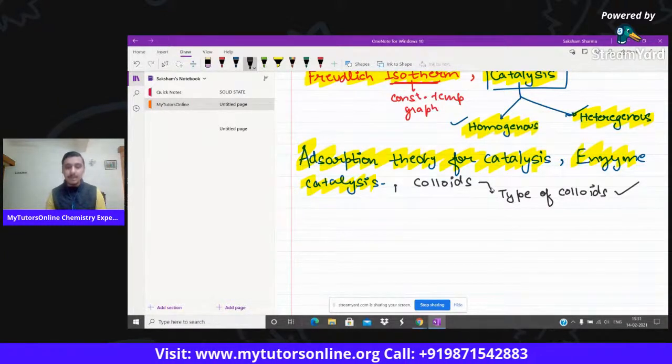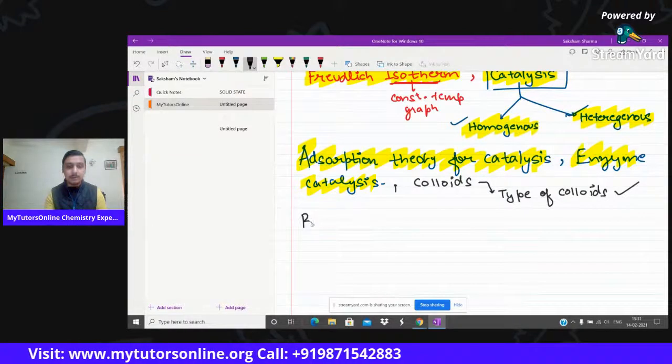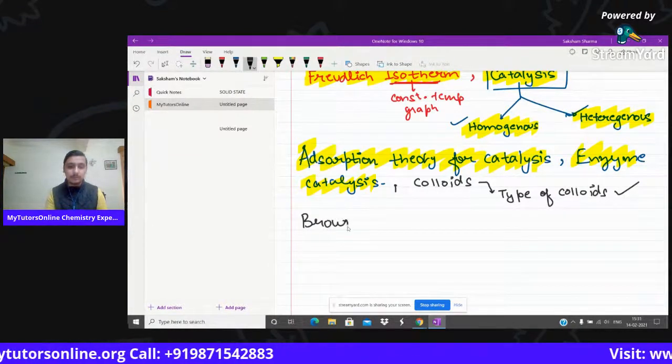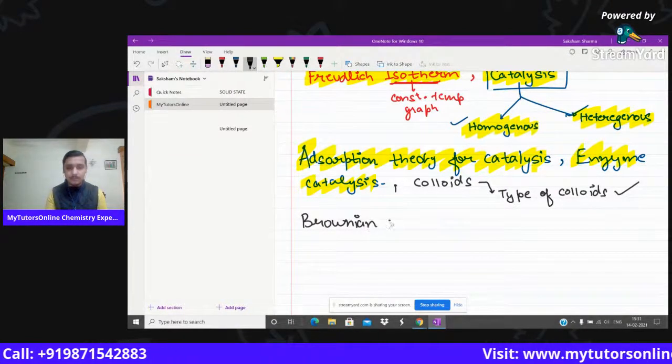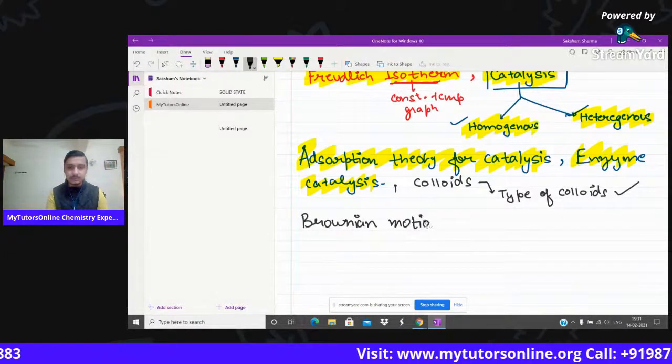And then you also have Brownian motion over here. Brownian motion is also asked.